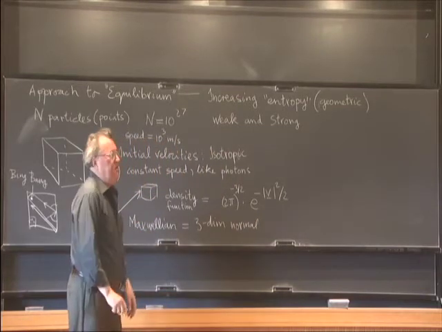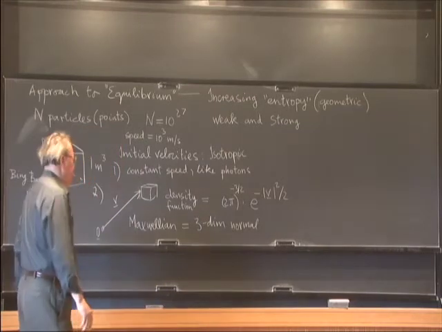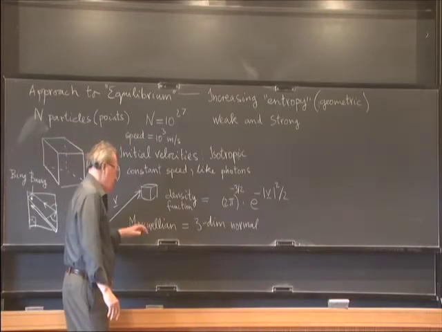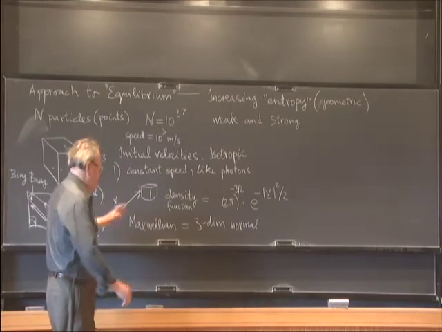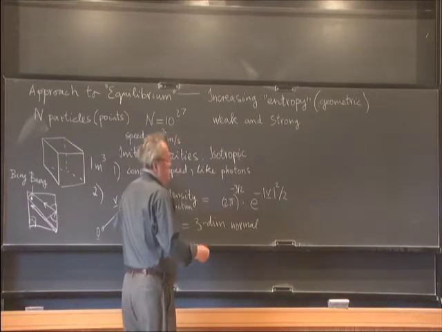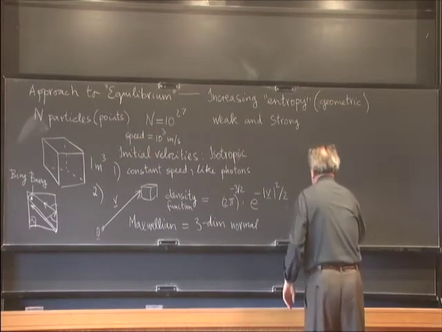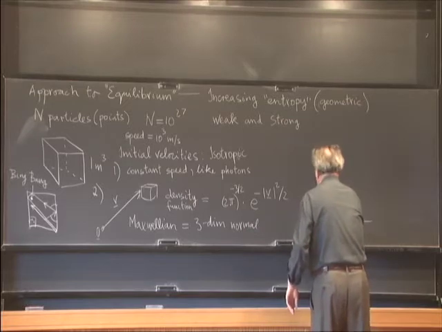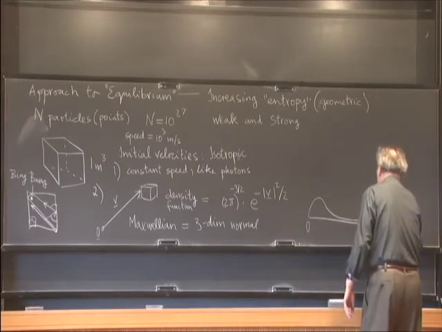Since he predicted it before they could measure it, he died young, so he didn't live to learn that his prediction was correct. Now, what does it mean about the speed? In terms of the speed, it is a distribution. Speed, of course, just goes from 0 to infinity.